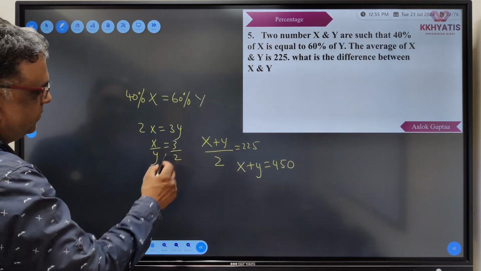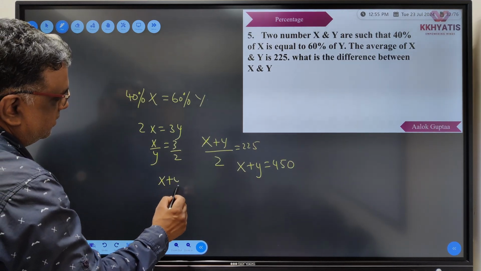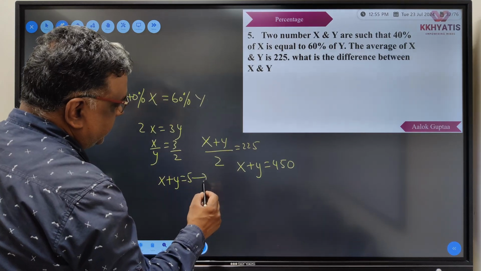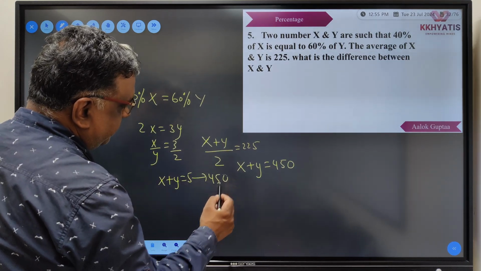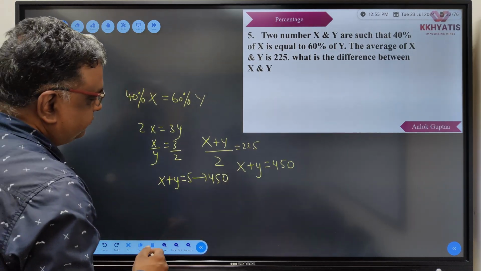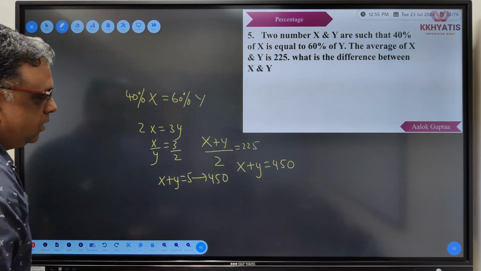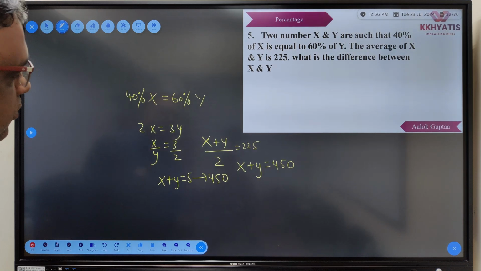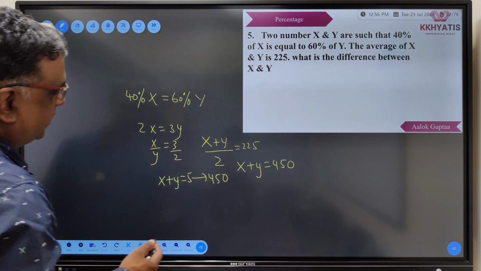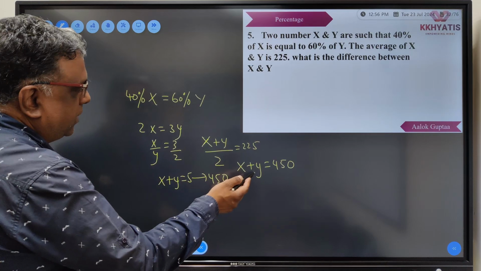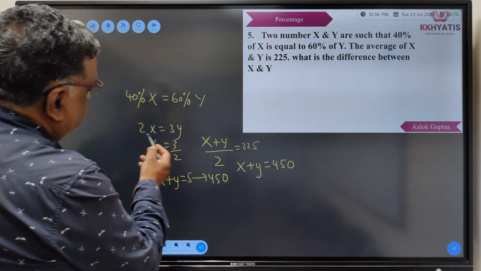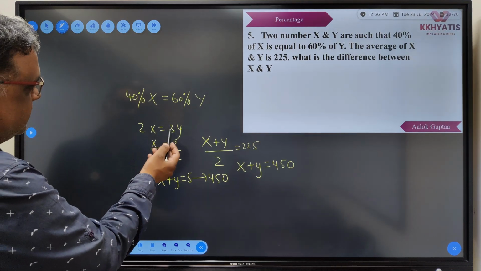So what is the sum of the ratio? 5. And the actual quantity is 450, so 5 corresponds to 450, right? I have to find the difference between two numbers. So I have the relation basically. What I will do is take the ratio, x is 3 by 2 y.